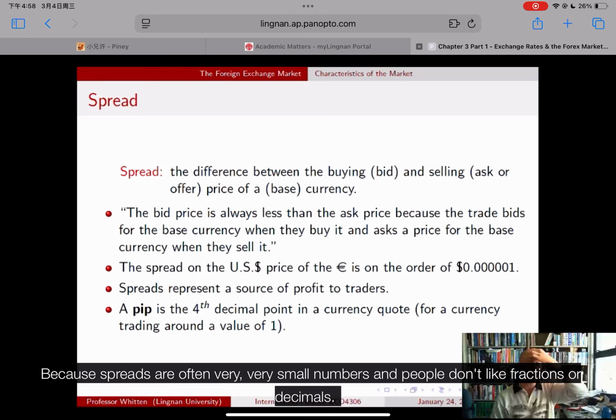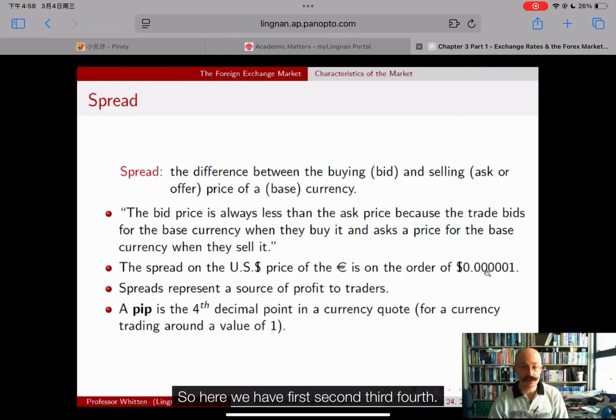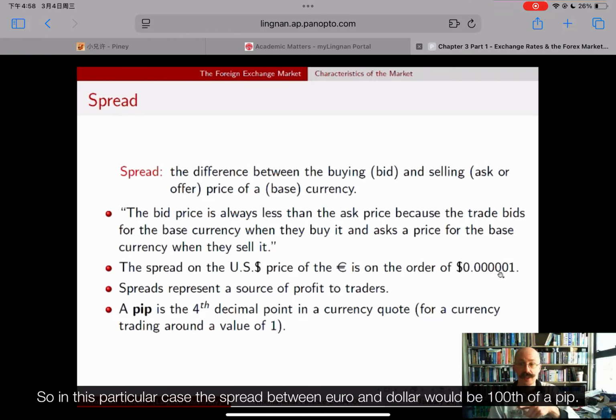Because spreads are often very, very small numbers, and people don't like fractions or decimals, it is common to talk about a pip. So a pip is the fourth decimal point in a currency quote. So here we have first, second, third, fourth. So in this particular case, the spread between euro and dollar would be 1/100th of a pip.